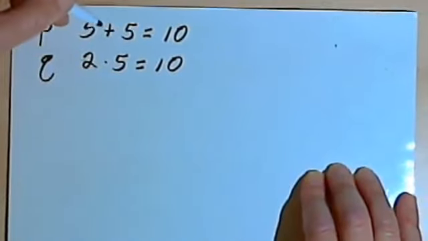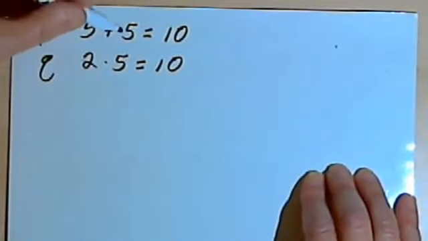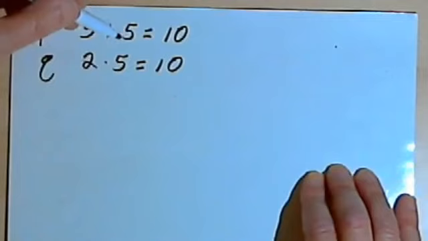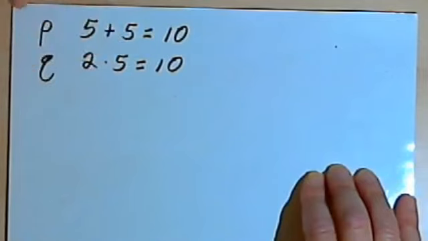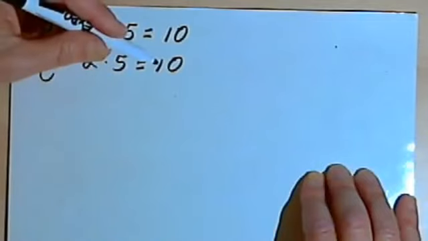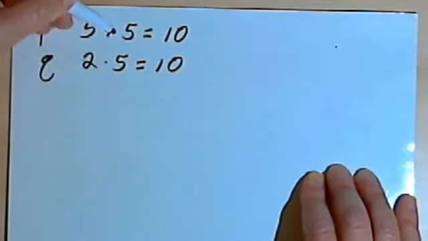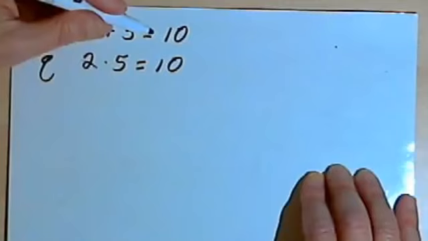We can say this as 5 plus 5 equals 10 if and only if 2 times 5 equals 10, or I could say it in the other order. 2 times 5 equals 10 if and only if 5 plus 5 equals 10.